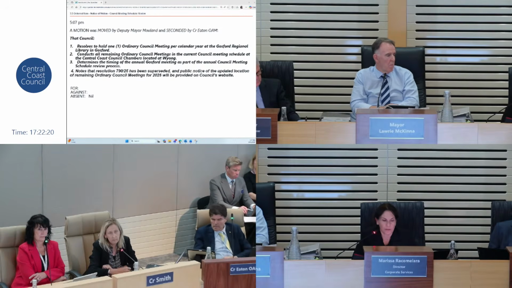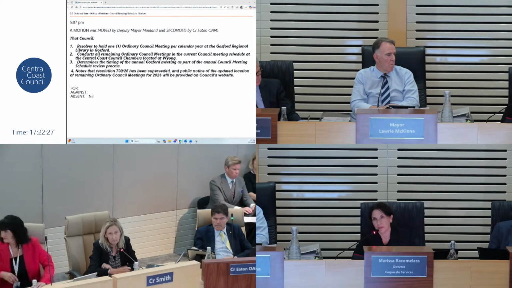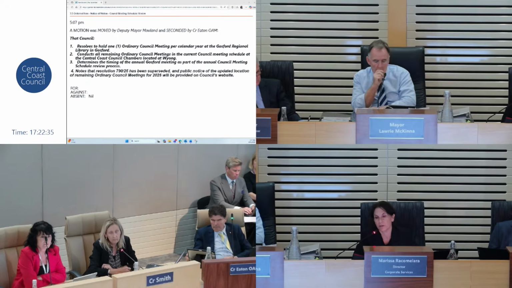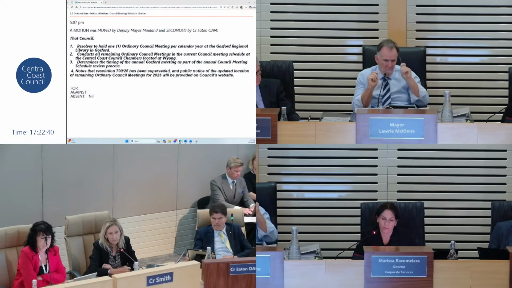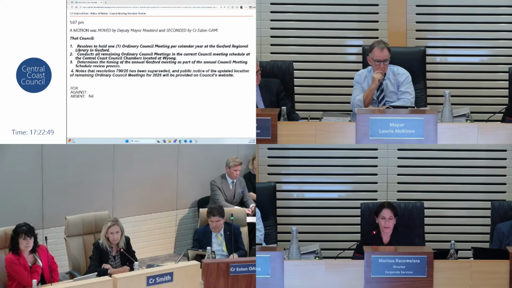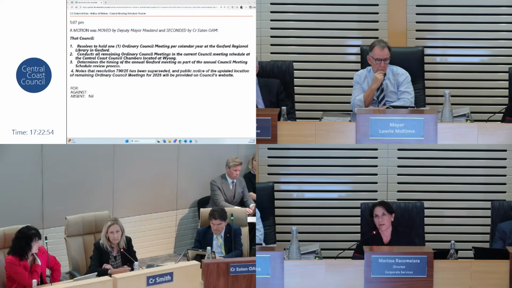In terms of the additional indirect costs, that's related to both costs for library staff and facilities staff to assist in those processes, the additional security on site to help guide and usher people, and there are some lessons learnt from previous meetings held there about how we might need to increase that. And then, of course, the indirect costs of diverted resourcing to all of the attendees, including councillors at the meeting, to travel to that site and to return from that site at the end.